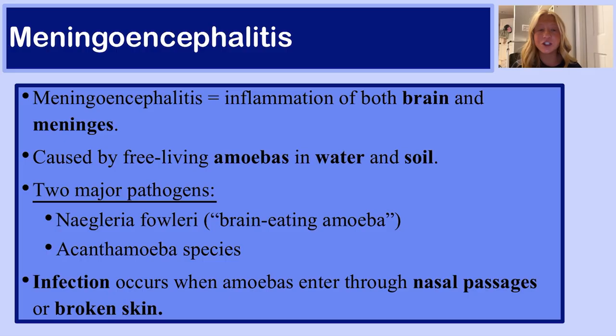And then other infections are usually slower and more chronic, and usually occur in contact lens wearers or immunocompromised patients. And both of these organisms, the two major pathogens, are rare, but they're almost always fatal once symptoms begin, and these can include headaches, seizures, or confusion.